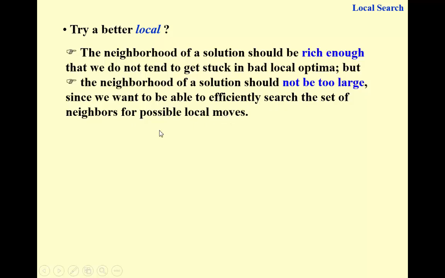One direction of making improvement is this. If a single flip is not good enough, let's try to flip k nodes instead of one node each time. Hopefully we can get a neighborhood that contains more possible solutions. So the neighborhood of k flip is much richer than the single flip. Okay, that's one advantage.